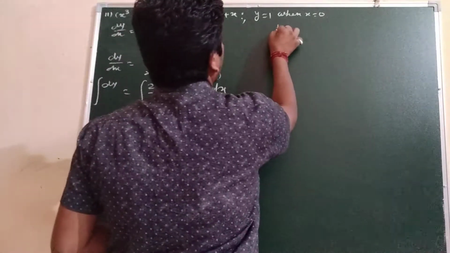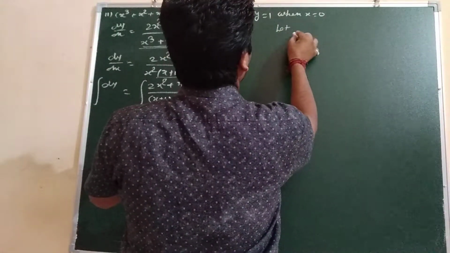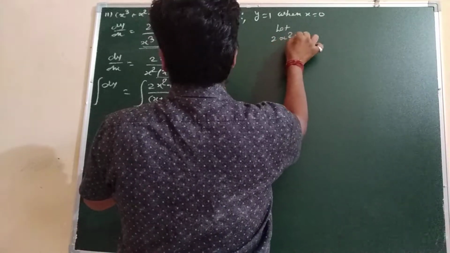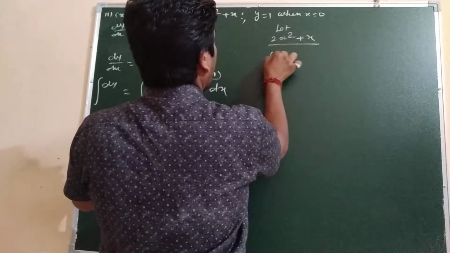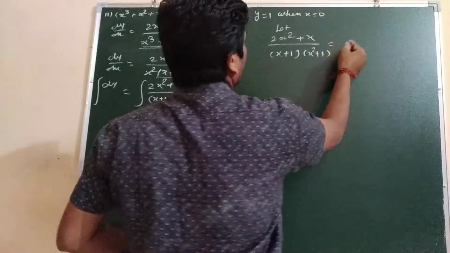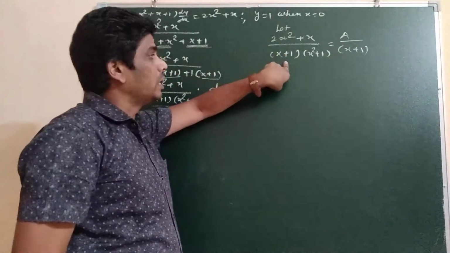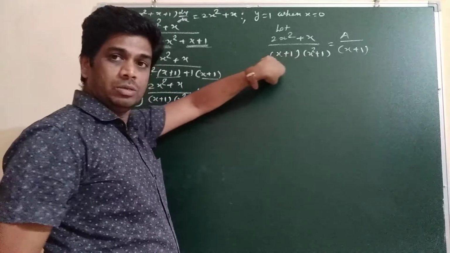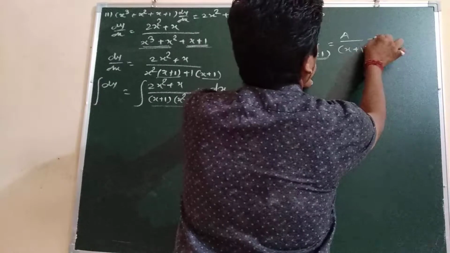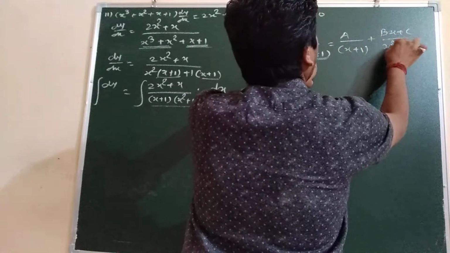So we will assume 2x square plus x upon x plus 1 and x square plus 1 equals A upon x plus 1, which is a linear function, and since this one is quadratic, bx plus c upon x square plus 1.